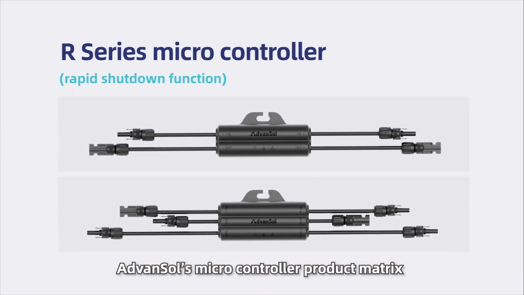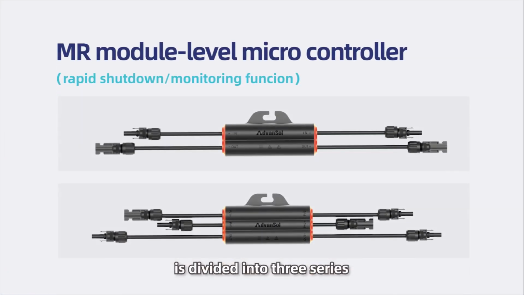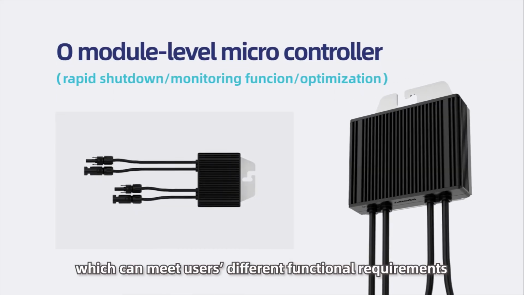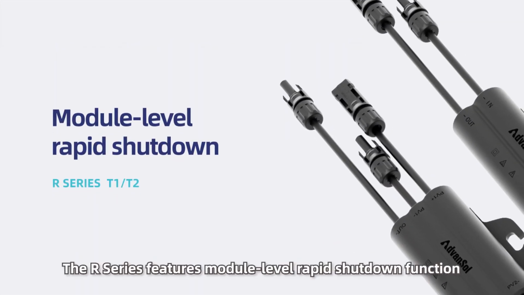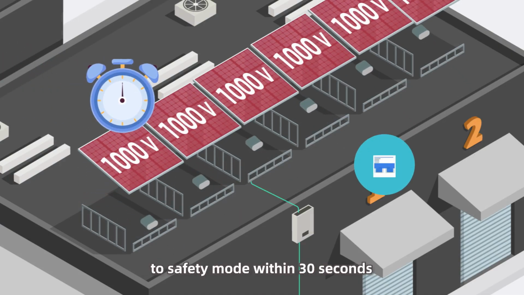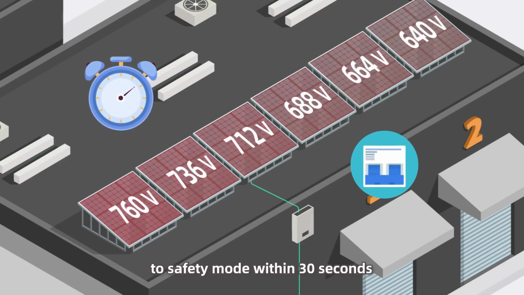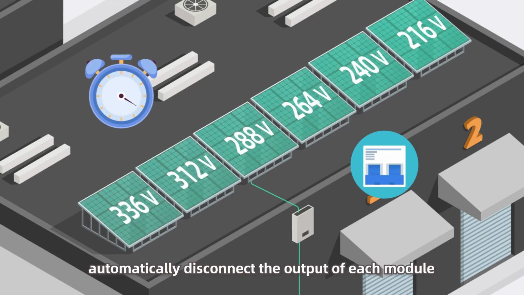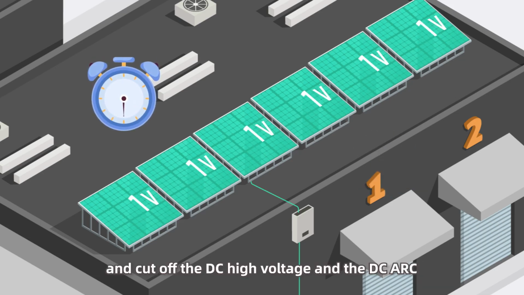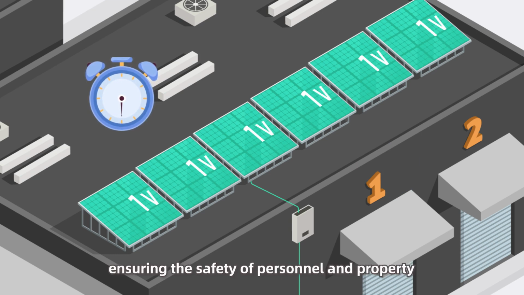AdvanSol's microcontroller product matrix is divided into 3 series, R, MR, and O, which can meet users' different functional requirements. The R series features a module-level rapid shutdown function, which can switch the module output to safety mode within 30 seconds, automatically disconnect the output of each module, and cut off the DC high voltage and the DC arc, ensuring the safety of personnel and property.